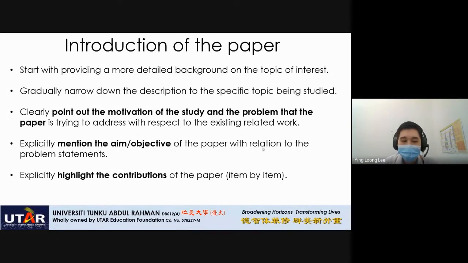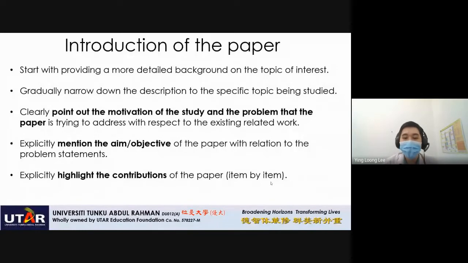Okay, with relation to the problem statement, that means you should have an objective that is trying to solve the problem that you point out for your paper, right? You can't possibly be talking about a problem and an objective that achieve different things, right? That will confuse the reader, right? And then you can highlight the contributions of the paper item by item, right?